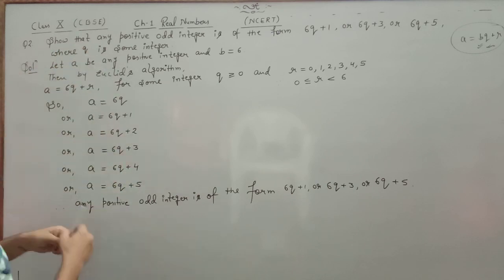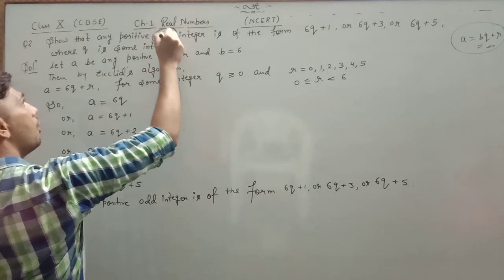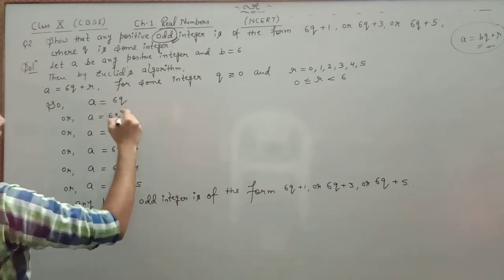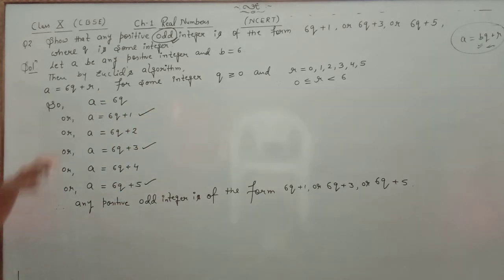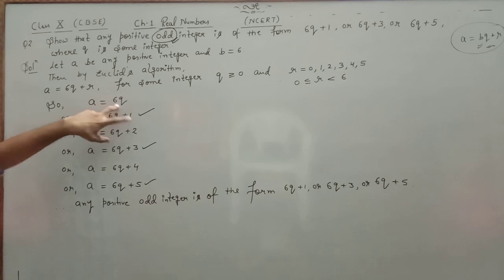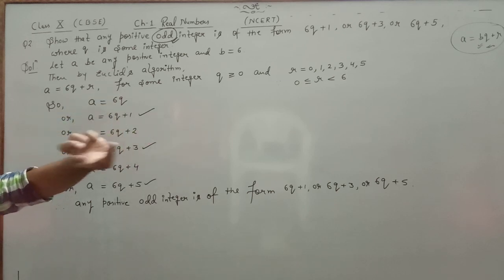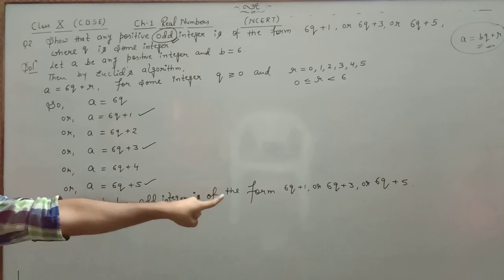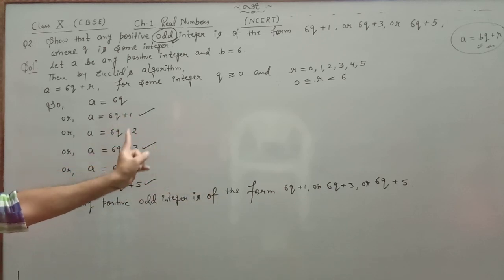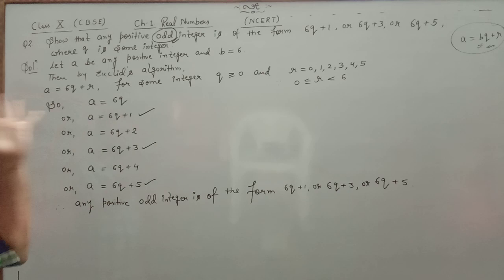But according to the question, only odd. So see here, odd. These are odd, because 6q plus 2 and 6q plus 4 are even. So any positive odd integer is of the form 6q plus 1 or 6q plus 3 or 6q plus 5.